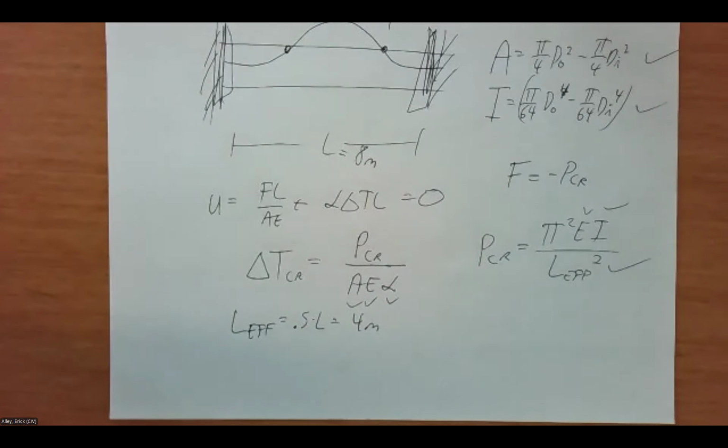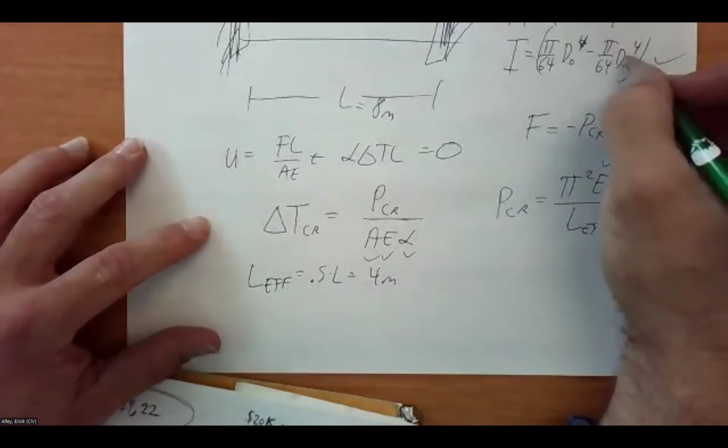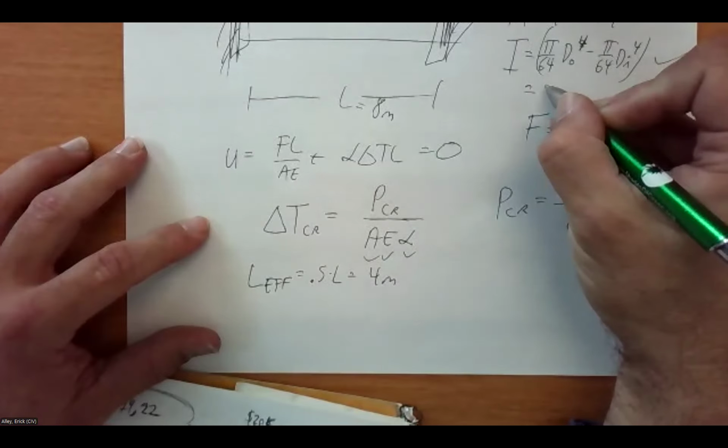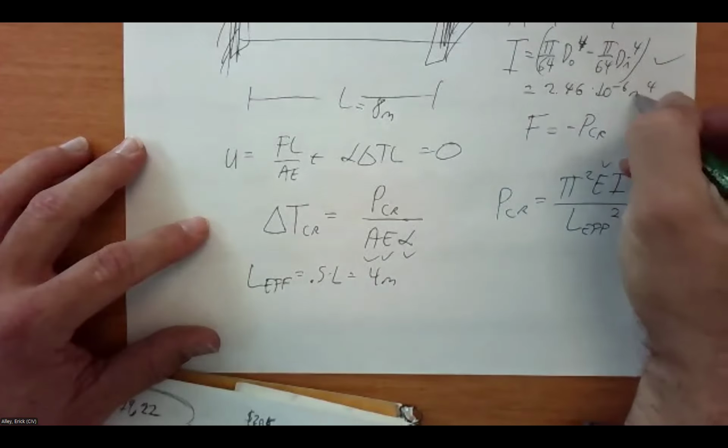And then for my other portions, that's all just crunching numbers. I'm not going to make us go through those too much. We can just plug and chug to get them. But I's just a function for us there of the values. I'll grab you the number here. Here we go. All right, so D outer, D inner. If we crunch this little calculation, we should get 2.46 times 10 to the negative 6 meters to the fourth.